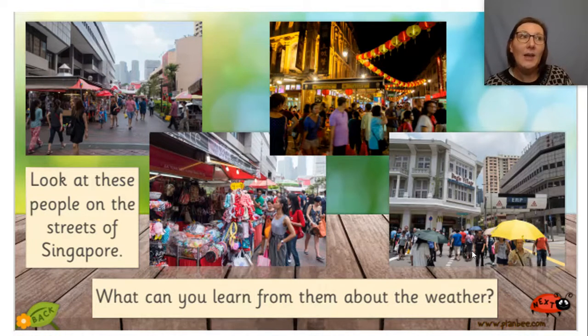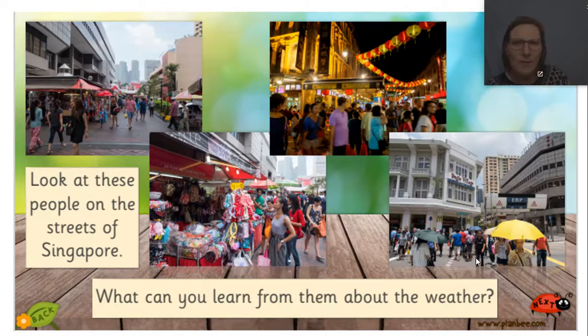And in the different seasons, and we're going to talk about the seasons in Singapore a little bit later on, depending on where in the world the country is, the rain will differ as well. So it might be that the rain in Singapore is a lot warmer.